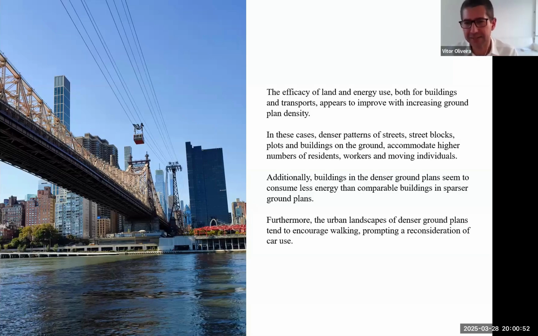I highlight comparable because we tried to compare buildings that were erected in the same period, okay? And the last topic here, denser ground plans seem to encourage walking, seem to prompt people to reconsider car use, which is also another way of reducing the consumption of energy.